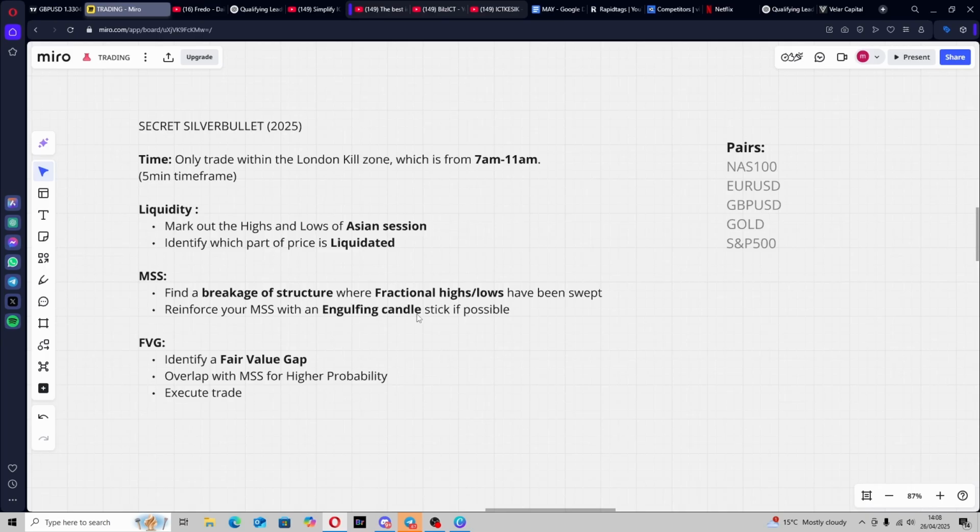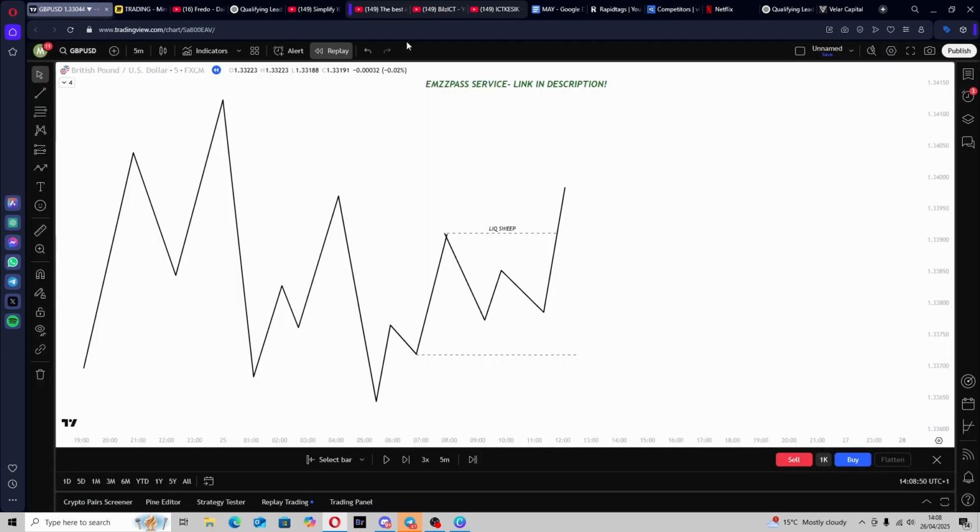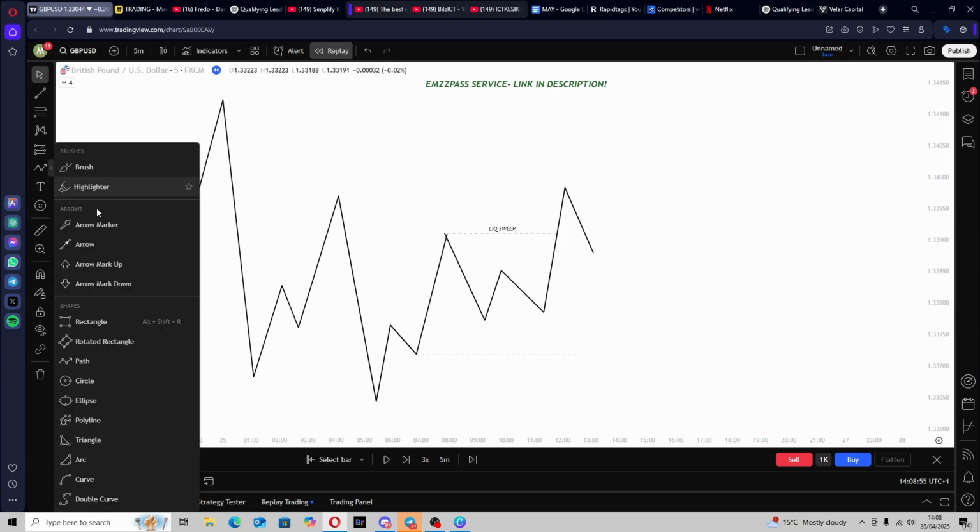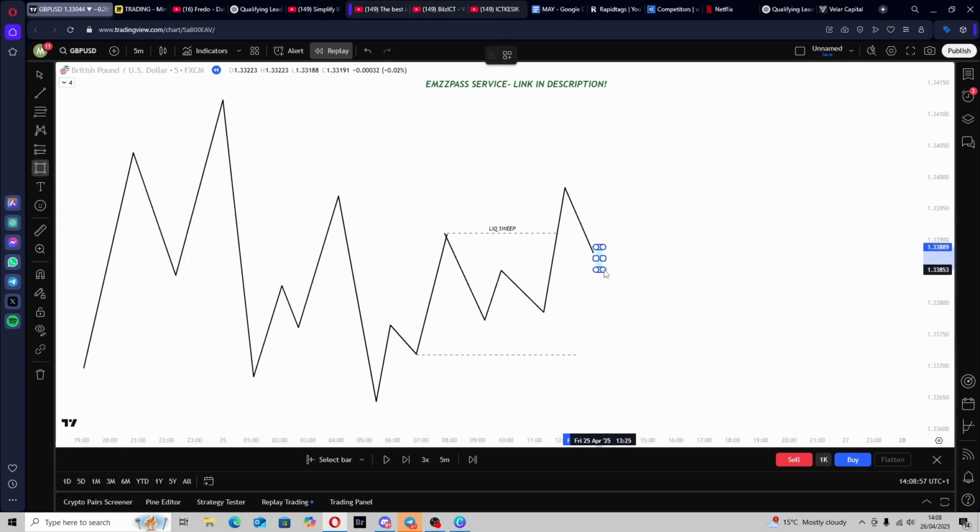So we need to find a break of structure where fractal highs and lows have been swept, which means we need to find a movement which is like this. And then this is where we're looking for that one fractal low. You can see the candles will be something like this, and then there's one more candle which will be there.